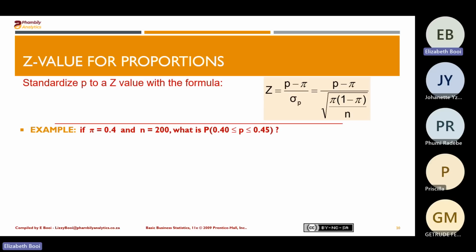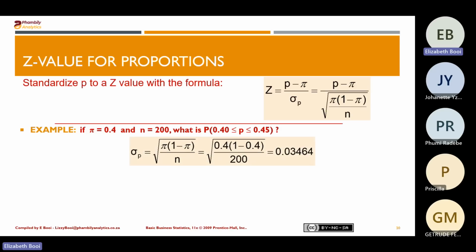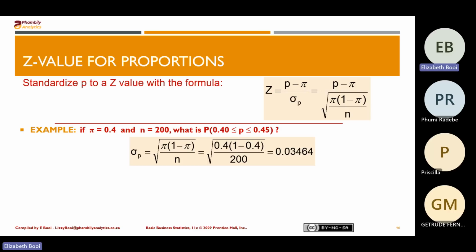If the population proportion is 0.4 and n is equal to 200, what is the probability that your sample proportion lies between two values? Same, we need to standardize this P by using the Z-score formula. But before we do that, because the standard error, the value at the bottom, is complex as well, we can calculate it first.